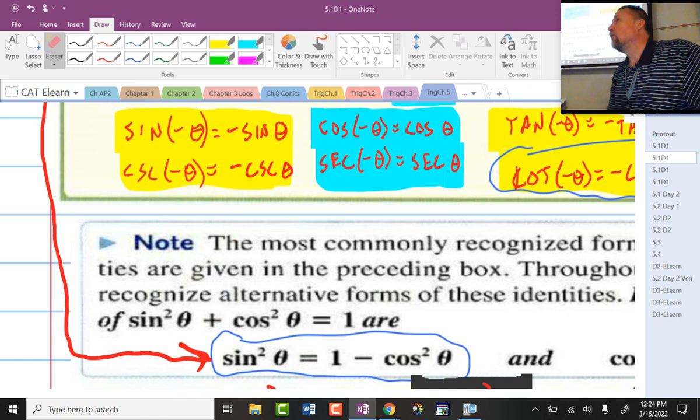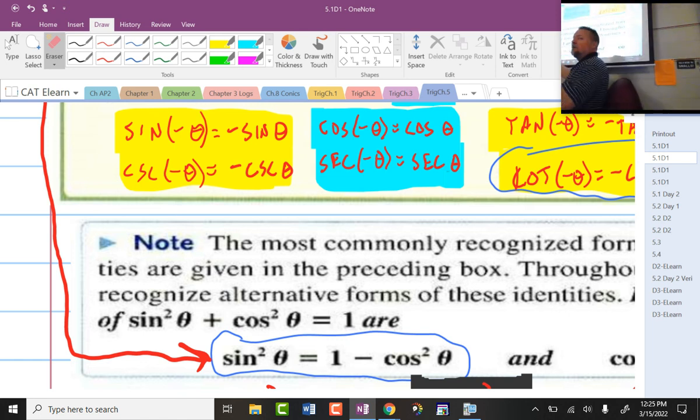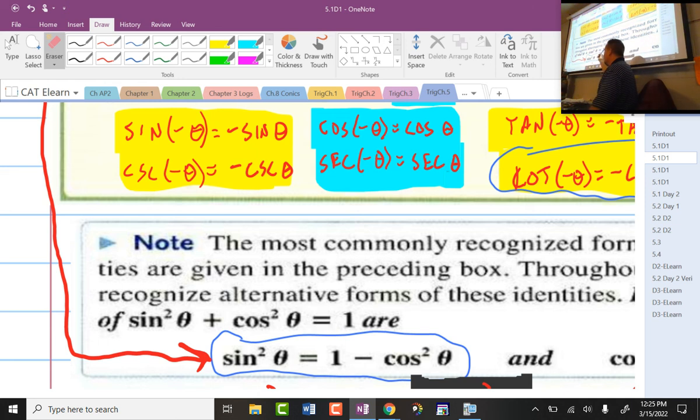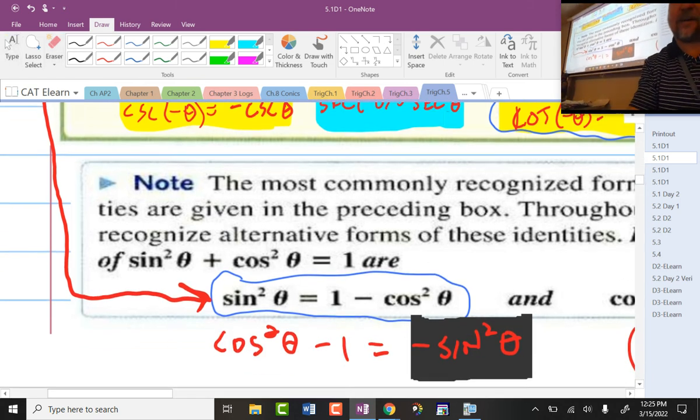Now this doesn't show up very well, so I have to verbalize this. Careful. What do you think cosine squared of theta minus 1 is? Cosine squared of theta minus 1 equals negative sine squared. Nice.